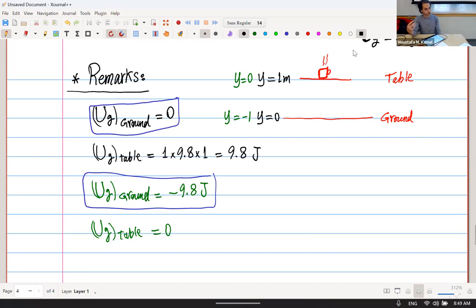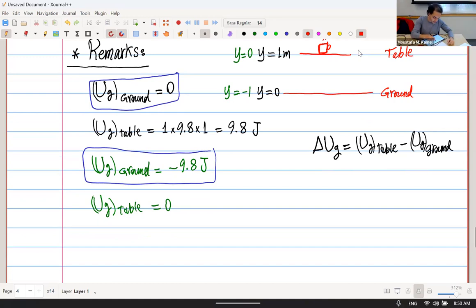What is independent of coordinate choice here is the difference between the value of potential energy from the table to the ground. So if you did this as U_G at the table minus U_G at the ground, in both cases, you will find the same number. So in the first case, we had U ground equal to 0 and U table equal to 9.8.